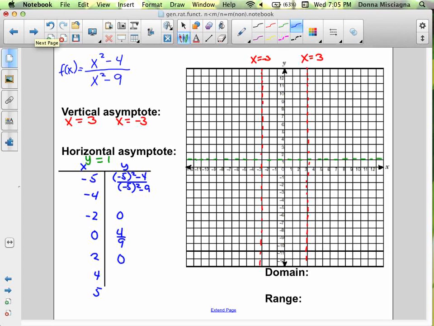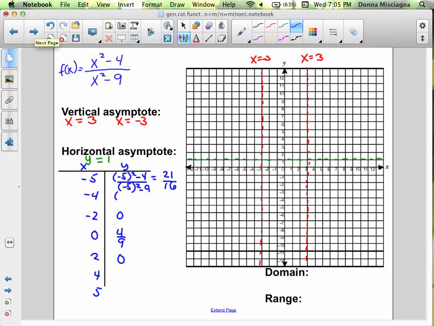All right, so negative 5 squared is 25. So this is 25 minus 4, that would be 21. And 25 minus 9 would be 16. So 21/16, so 24/16 would be 1.5. So it's just a little less than 1.5.